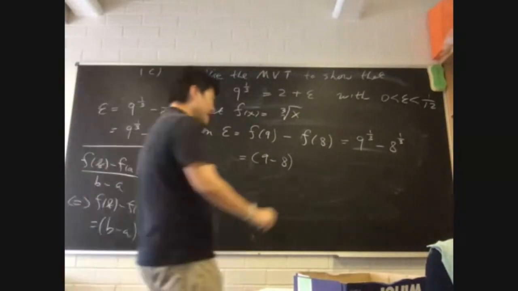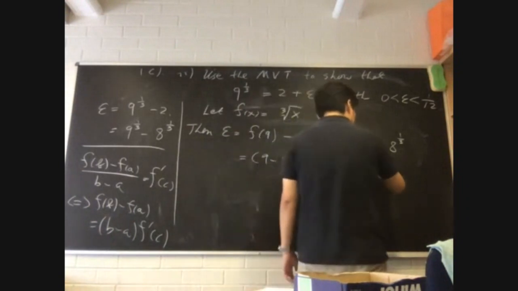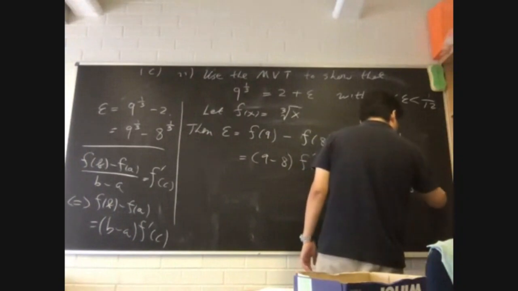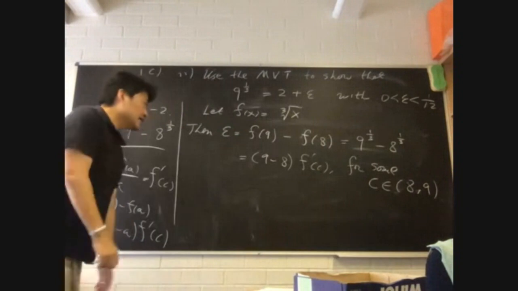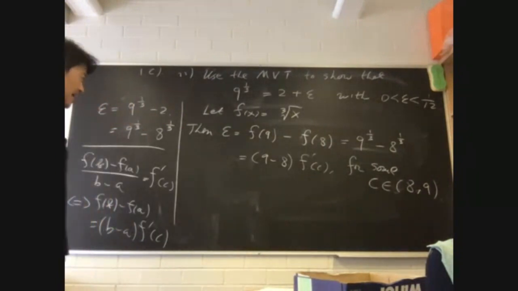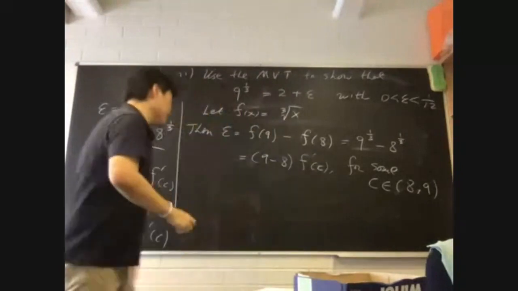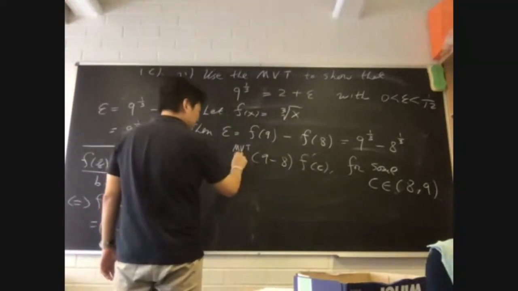So f prime of c for some c that's between 8 and 9. That's just the application of the mean value theorem here. So let me write that here. That's what the mean value theorem tells us.